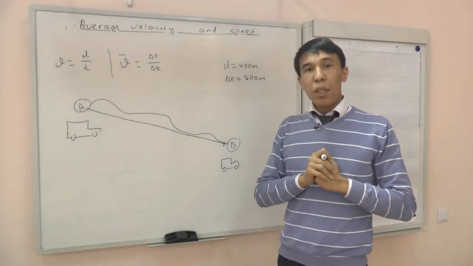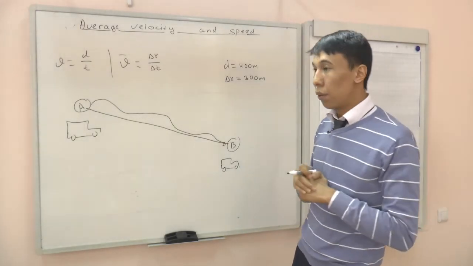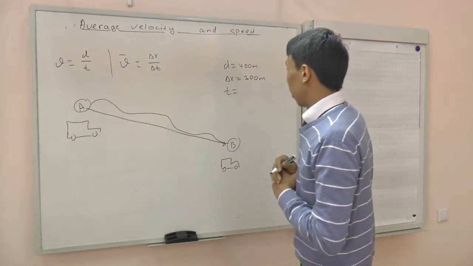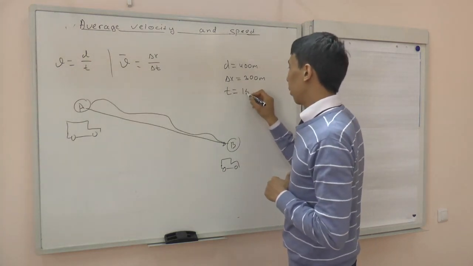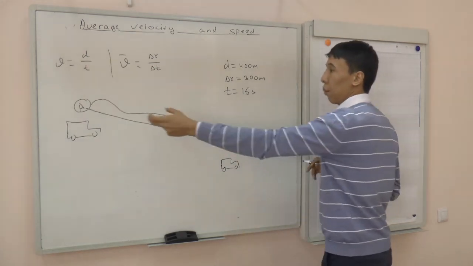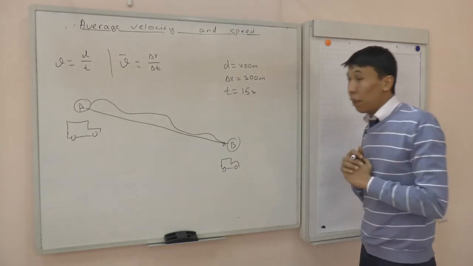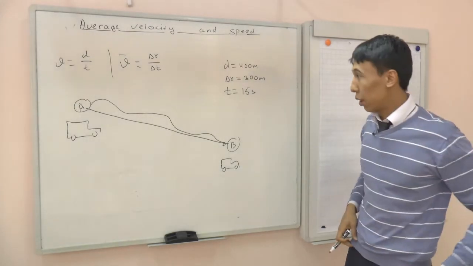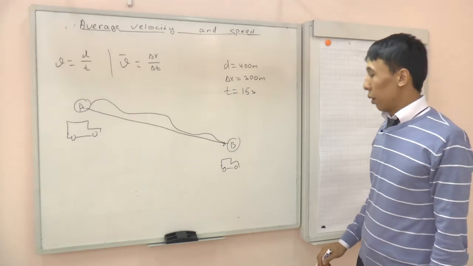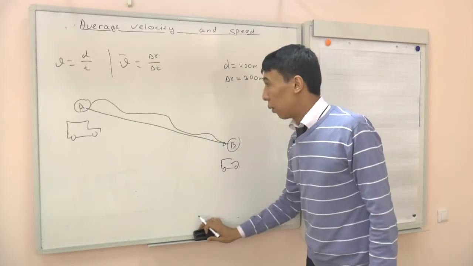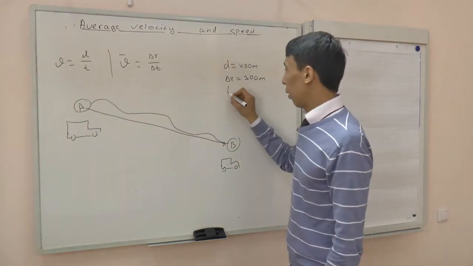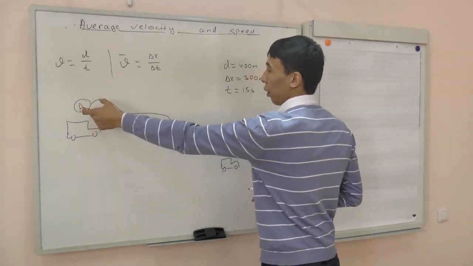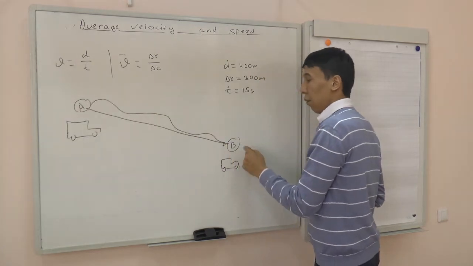Now, in total, it took the driver 15 seconds to get from point A to point B.